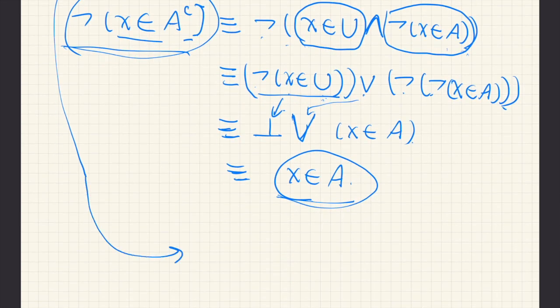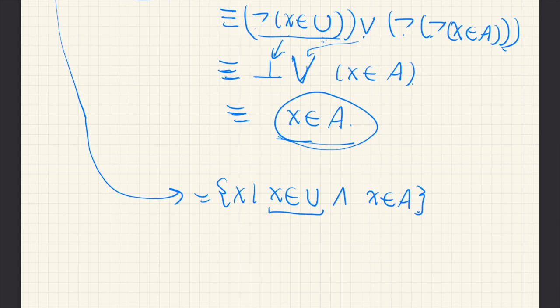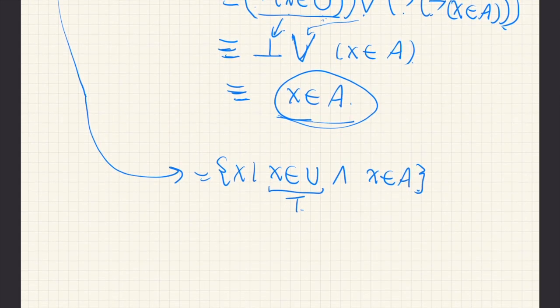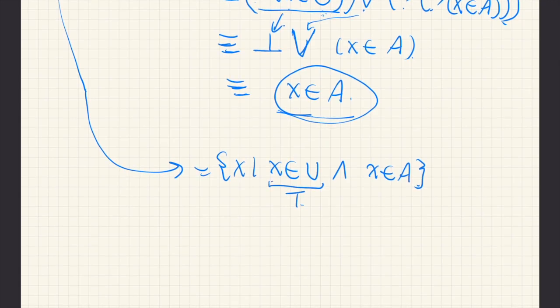So we can replace this one as x belongs to U and x belongs to A. But x belongs to U is always true by the very definition of U, because U contains everything we need and x is part of it.